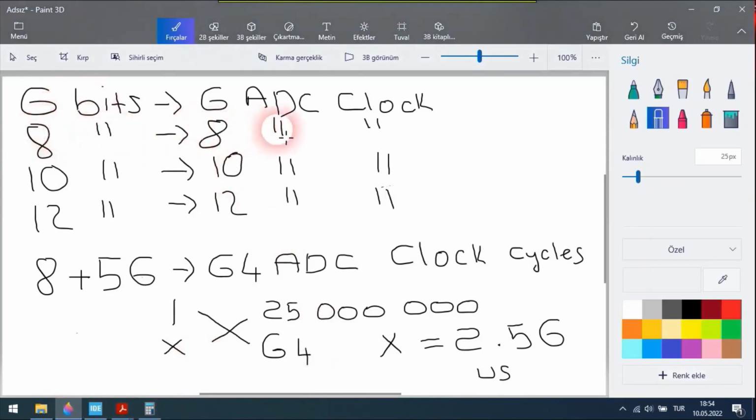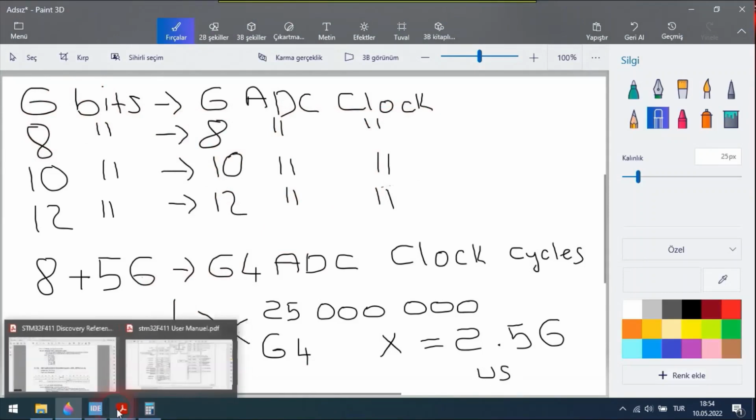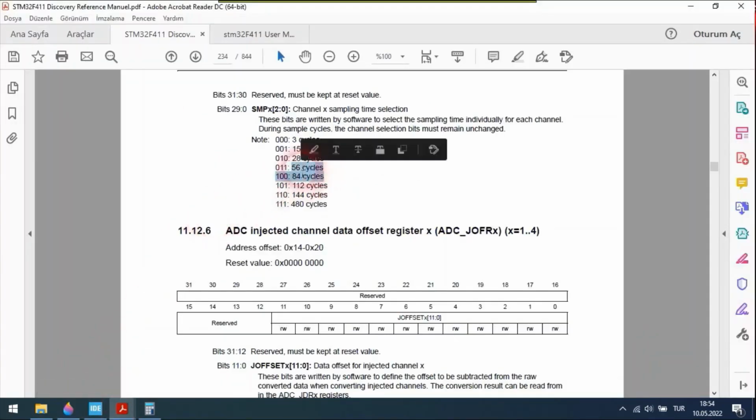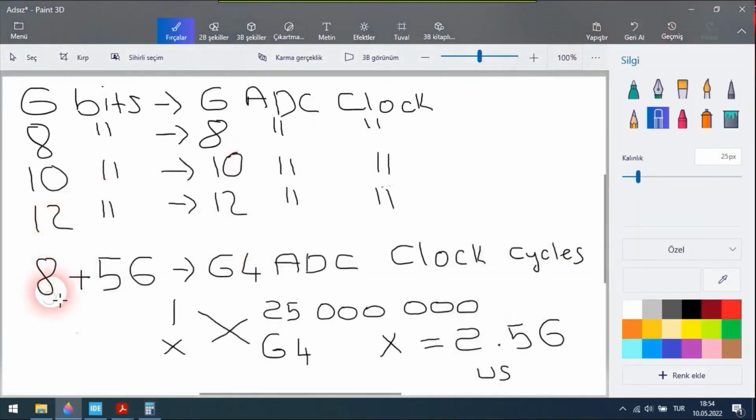I chose an 8-bit resolution. It is 8 ADC clock cycles. I chose 56 cycles. The less sampling cycles the less time of conversion. 8 plus 56 is equal to 64 ADC clock cycles.